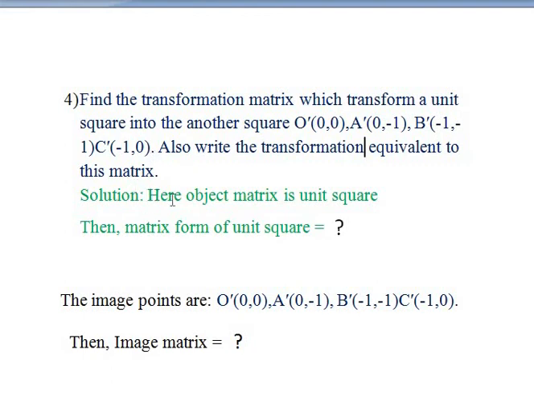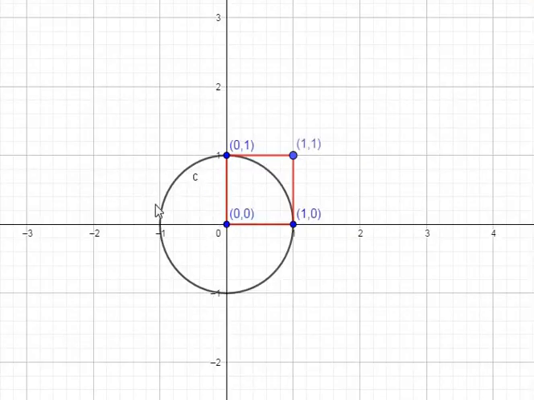So here we start from the object matrix, the unit square. Do you know what is a unit square? How do we represent it in matrix form? Okay, before doing that, let us see this. This is a unit circle with radius 1, and look at the square.